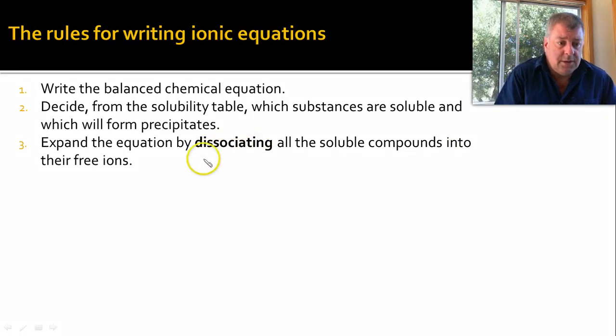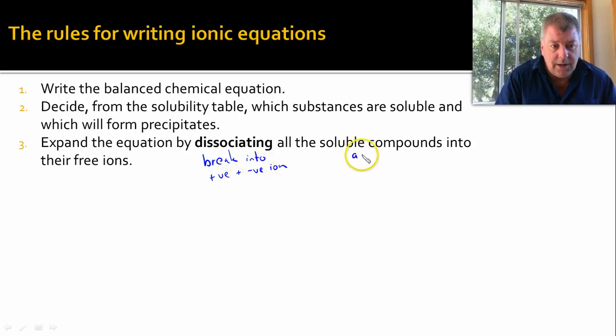What that means is you break anything that's AQ into its constituent positive and negative ions, and that shows the free ions that are there in solution ready to form something.